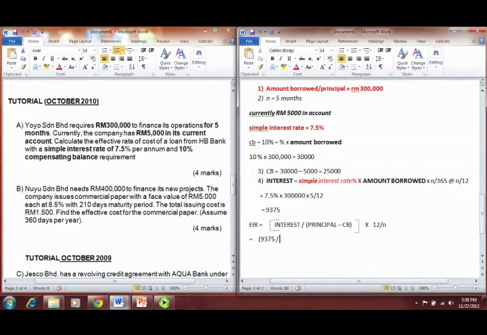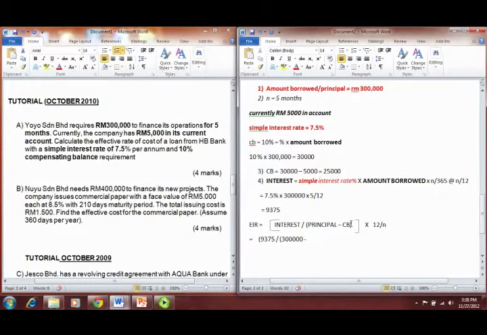So the answer is 9375 divided by principal minus CB. Your principal is also known as amount borrowed. You only substitute the information in the formula. That's why I tell you, class, it's very important to extract the information, then put it in the formula. So minus your CB, compensating balance.